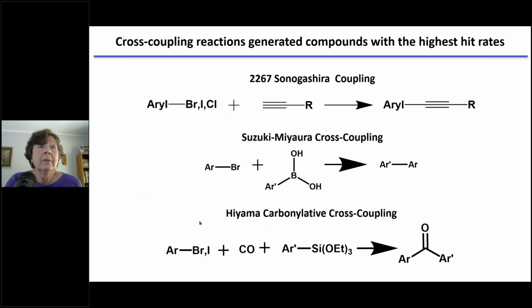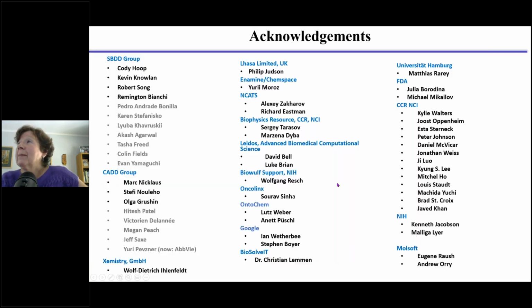And as Marc mentioned, all the described research was a contribution not just of my group, and here are the current members, Robert, Remington, Cody, and Kevin, but also an international effort. We benefited a lot from the participation of lots of NCI investigators.